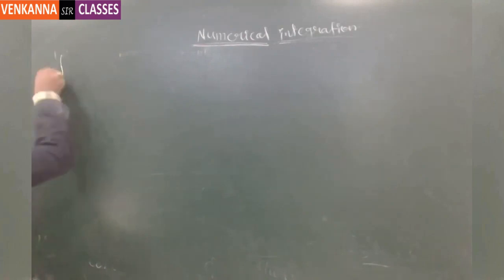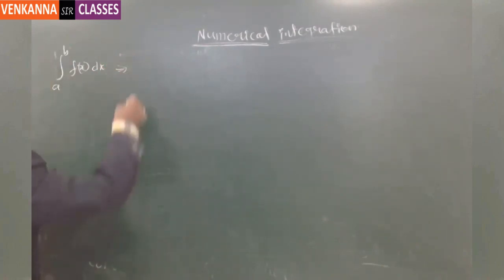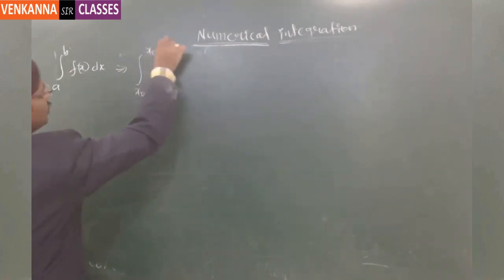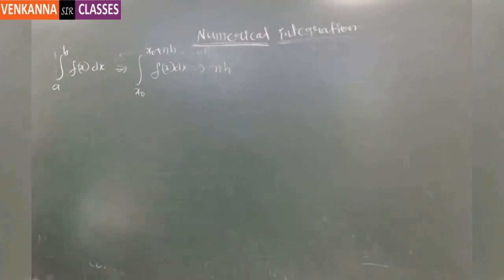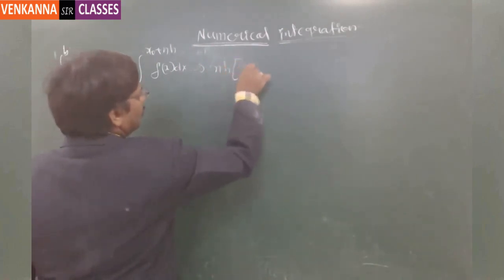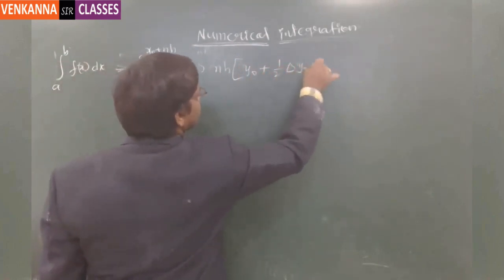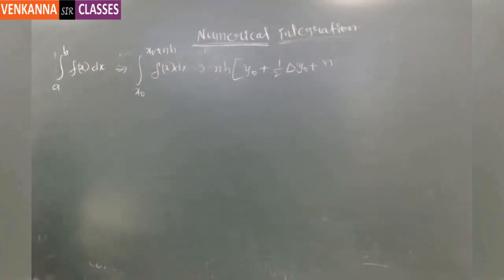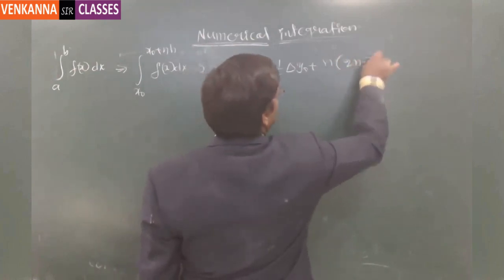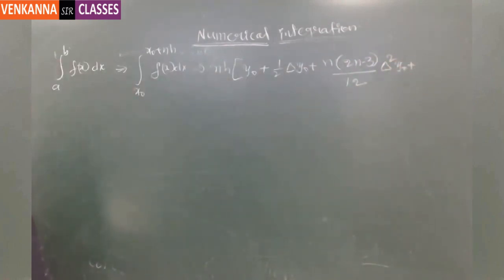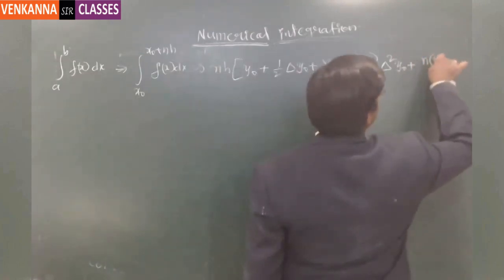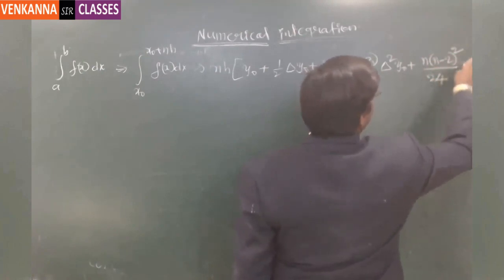That is, integral f of x dx from a to b can be approximated as the integral from x naught to x naught plus nh of f of x dx, and this value is n times h multiplied by y naught plus delta y naught plus n into (2n minus 3) by 12 delta square y naught plus n into (n minus 2) whole square by 24 delta cube y naught.